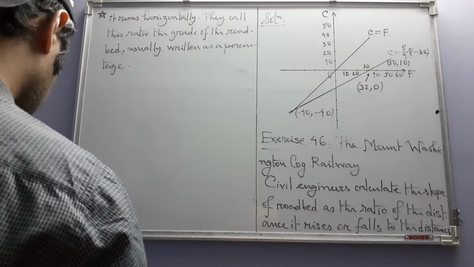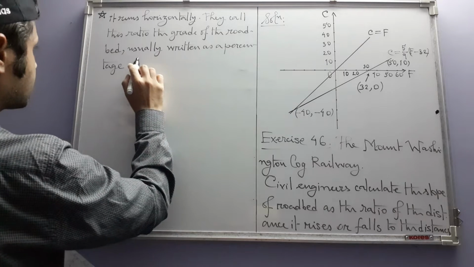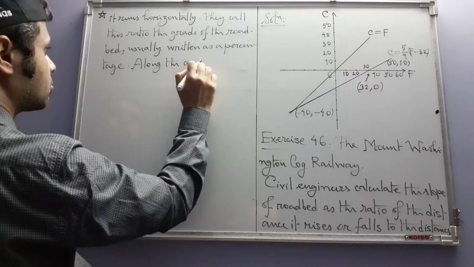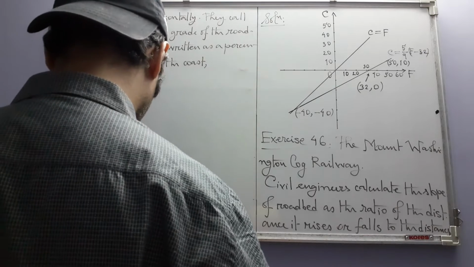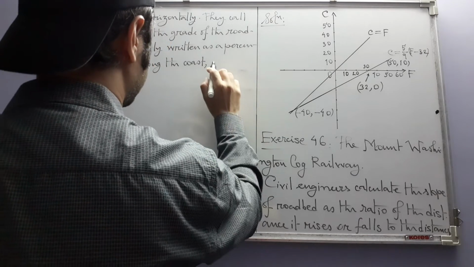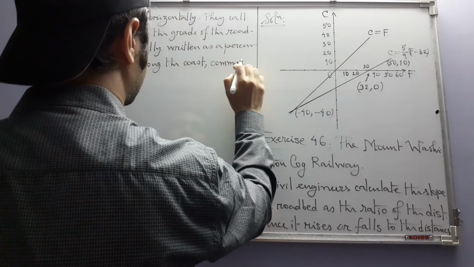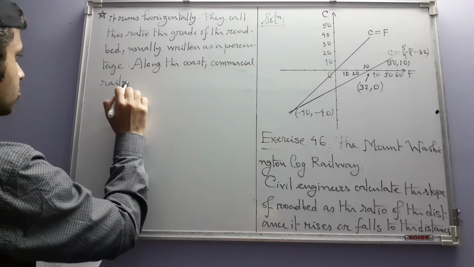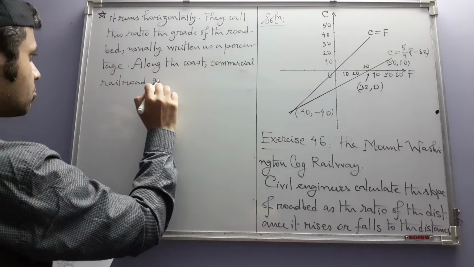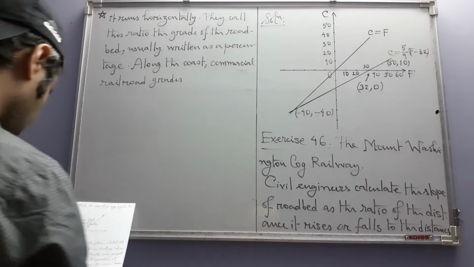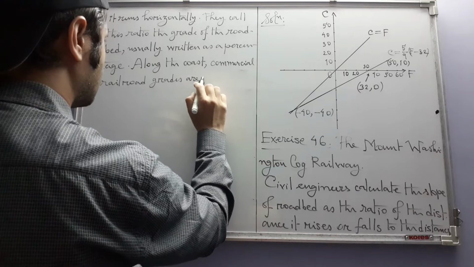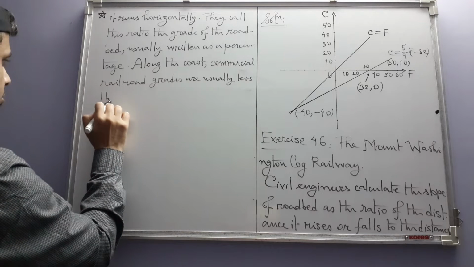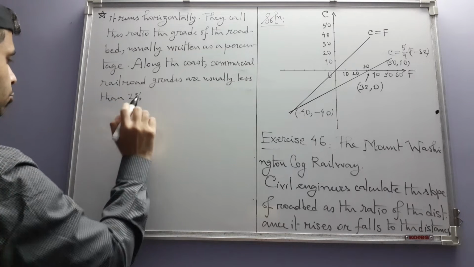Along the coast, these are some examples. Commercial railroad grades are usually less than 2%.